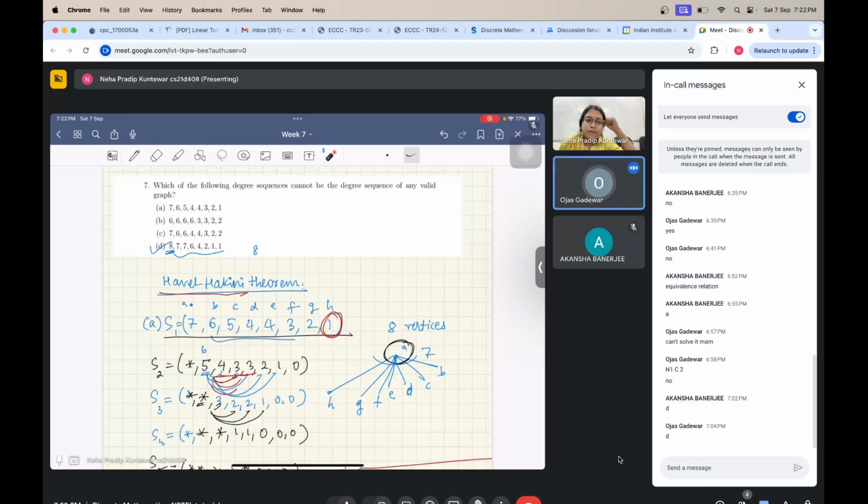I think we can apply induction here. Like there are n vertices.